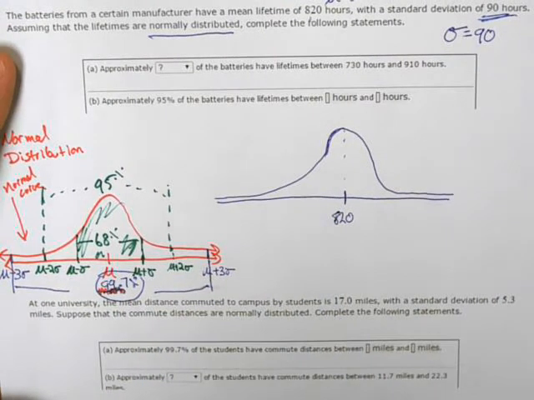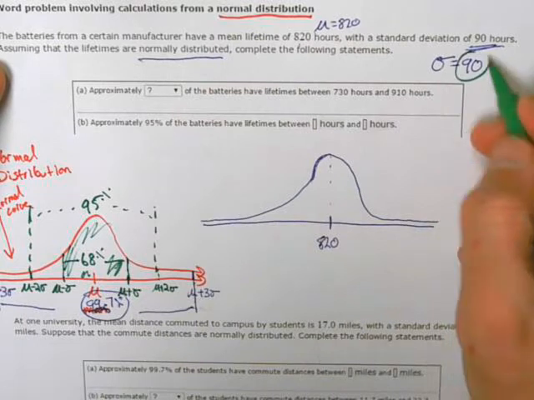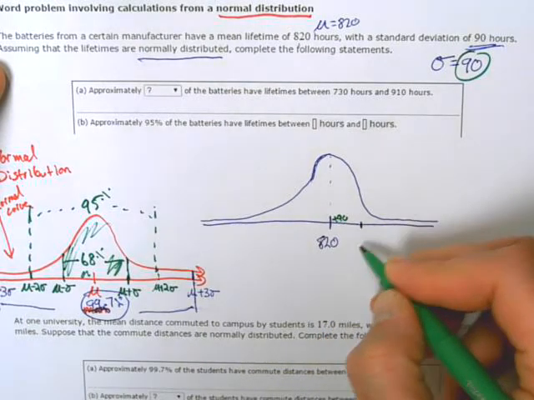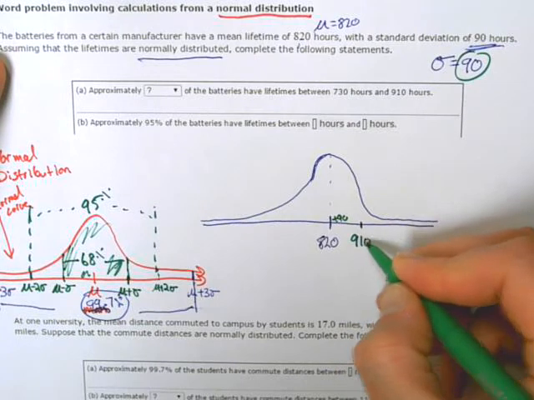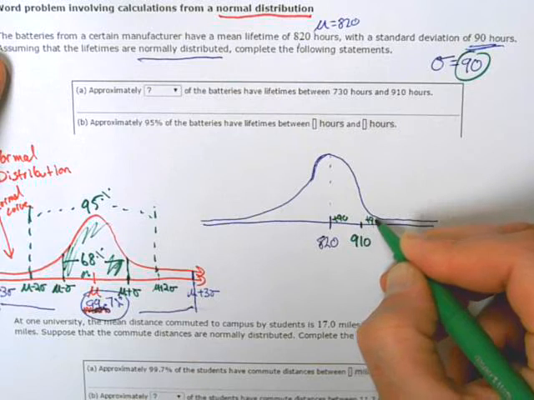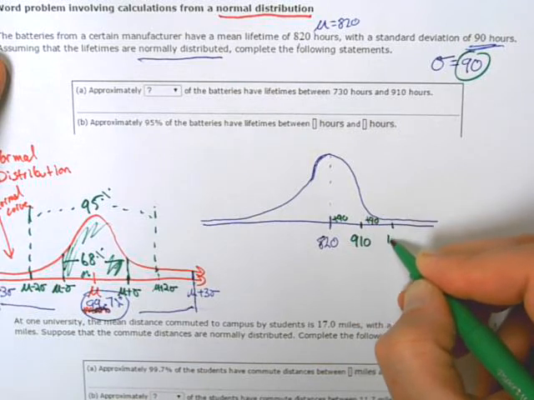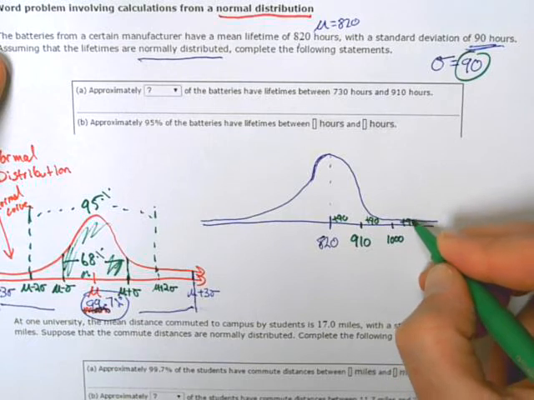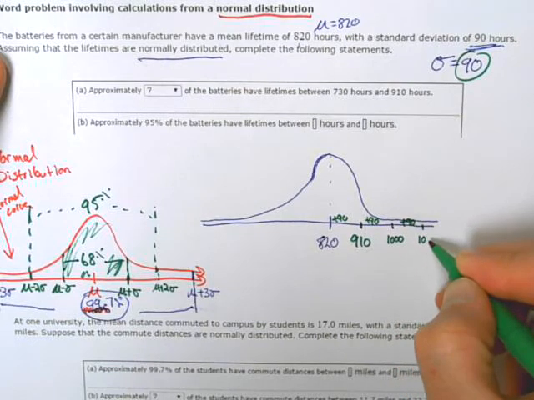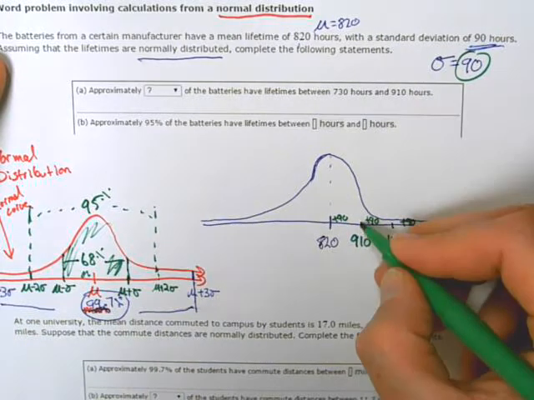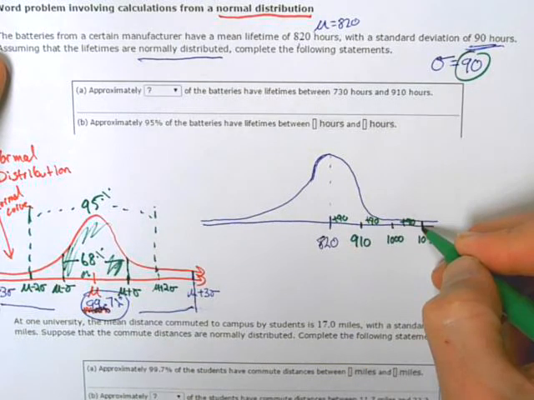So the standard deviation is 90. So if I add 90 to 820, that would put us at 910. That's one standard deviation away. If I add another 90 to that, that would put us at 1,000. And if I add another 90 to that, that would put us at 1,090. That would be 3 standard deviations. So here's 1 standard deviation, 2 standard deviations, and 3.